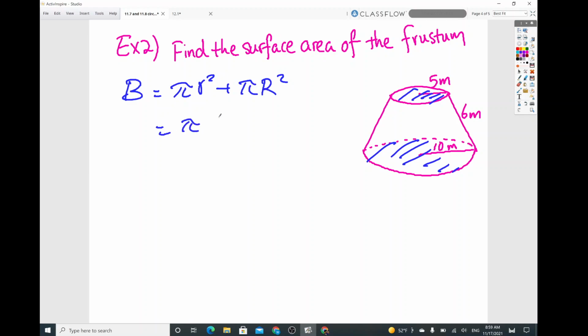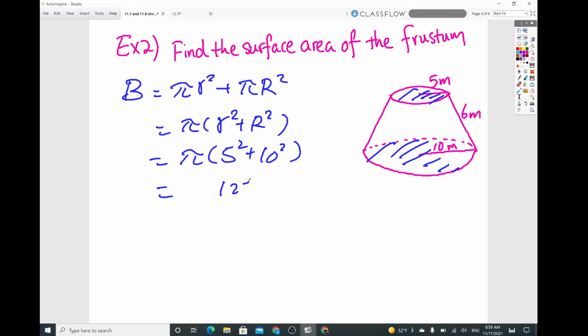Take out pi as the greatest common factor: pi times r squared plus capital R squared. The small radius is 5, 5 squared, and the bigger radius is 10, 10 squared. So 25 plus 100 is 125, which gives 125 pi. And the unit is square meters.